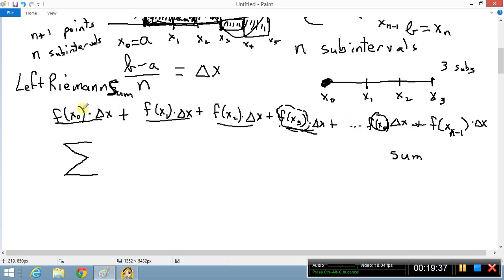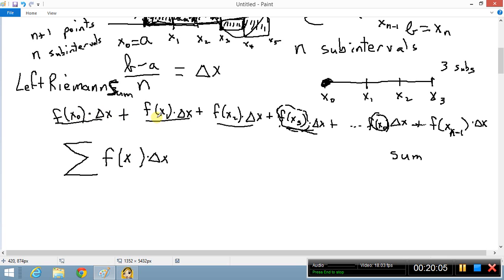So, to rewrite this sum, all I need to do is to write an expression like this. The f is constant, in other words, that's not changing. I've got parentheses, that's not changing. The delta x is in every one of these terms, so that's not changing. We're multiplying those together. And what's inside the parentheses is changing. It's x sub something.